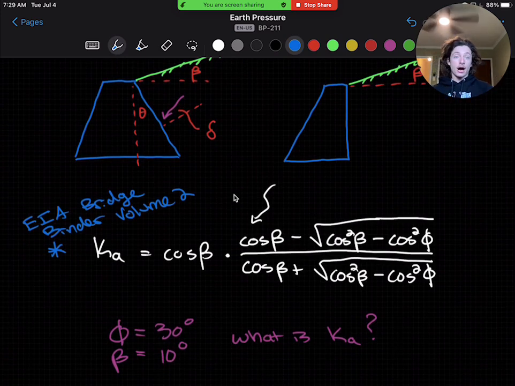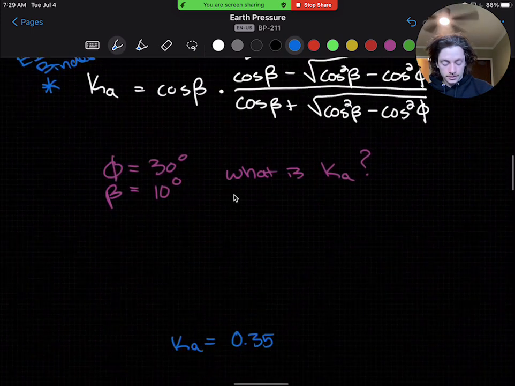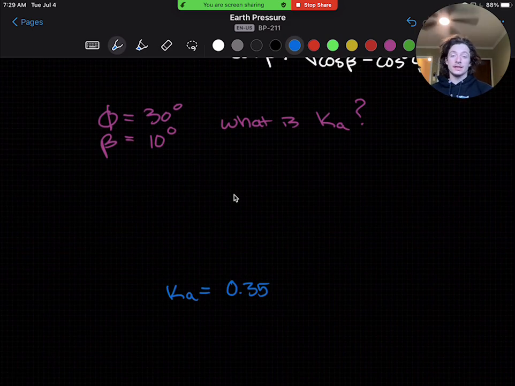So let's take a pause for a moment here, and given an internal angle of friction of 30 degrees and a backfill slope beta of 10 degrees, using this equation, what would our Ka, our active earth pressure coefficient, be? Correct. Ka would be around 0.35. So make sure you double check that's also what you're getting for your answer, and we can move forward.